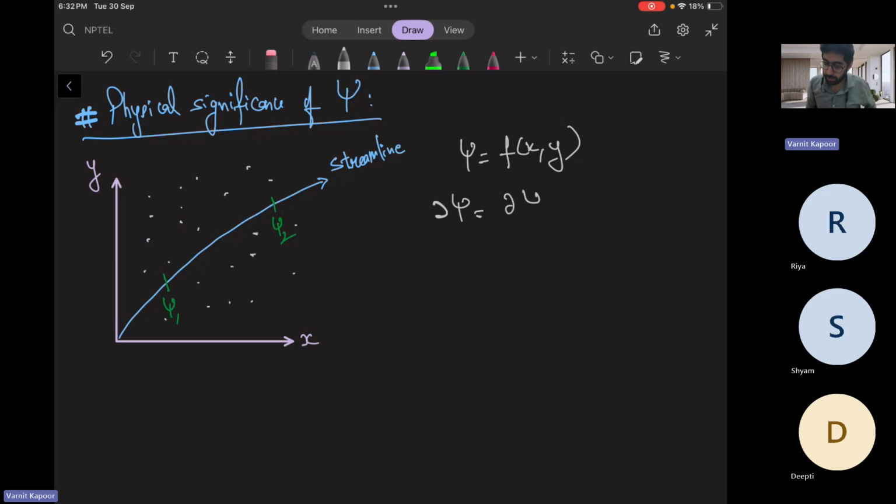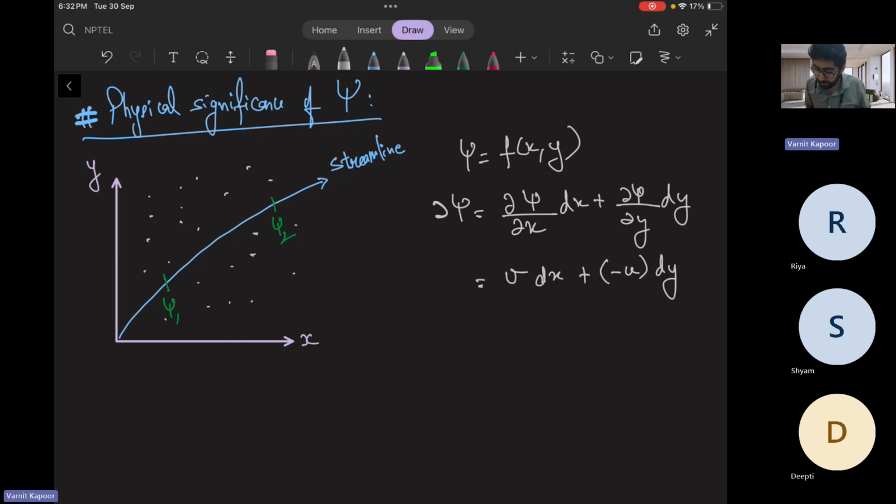That means dou psi by dou x dx plus dou psi by dou y dy. What is dou psi by dou x? That is nothing but your velocity v. And dou psi by dou y is the negative of velocity u. So it is nothing but v dx minus u dy.